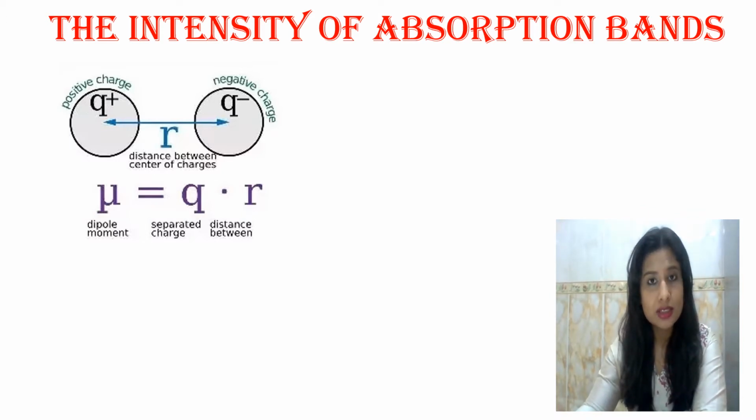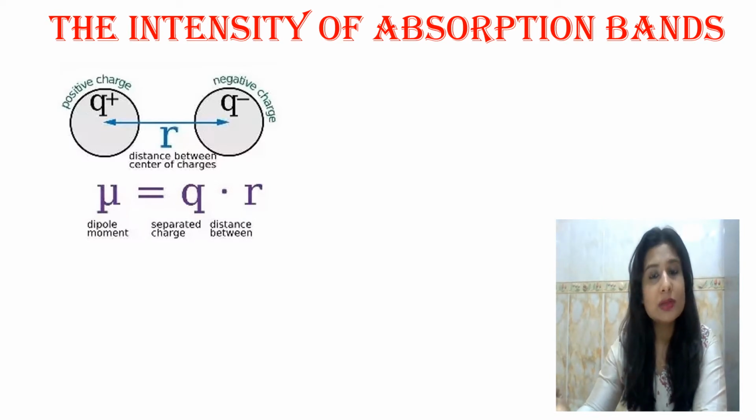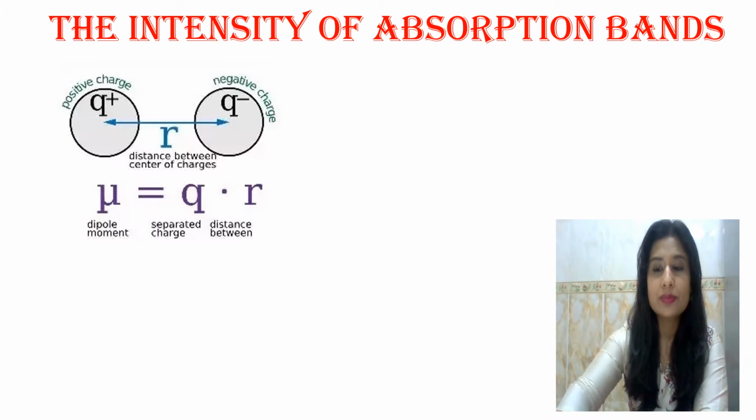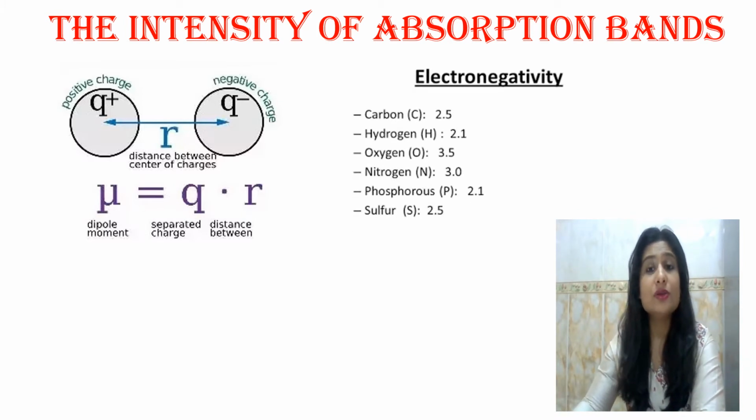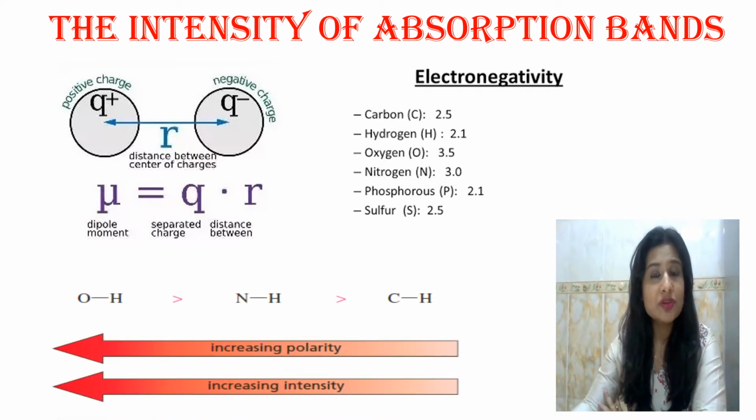The greater the electronegativity difference, the more the charge on the atoms and the more the change in the dipole moment. Now, according to the values listed in this table, let us predict the intensity of signals. We have three signals: OH, NH and CH. The electronegativity difference between oxygen and hydrogen is more, and the electronegativity difference of carbon and hydrogen is least.